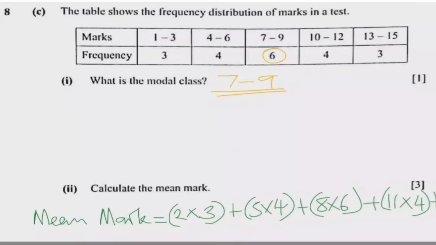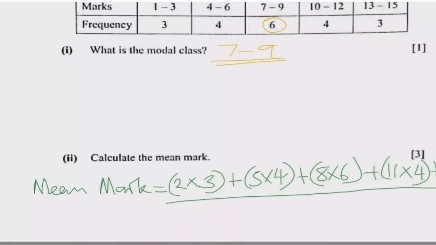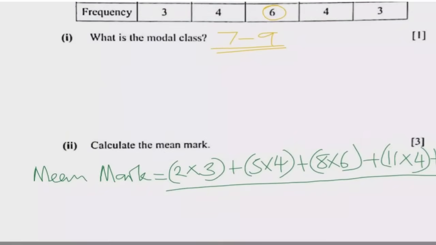Now the whole of that, remember we want to find the mean mark, we divide by the sum of the frequencies: 3 plus 4 plus 6 plus 4 plus 3.